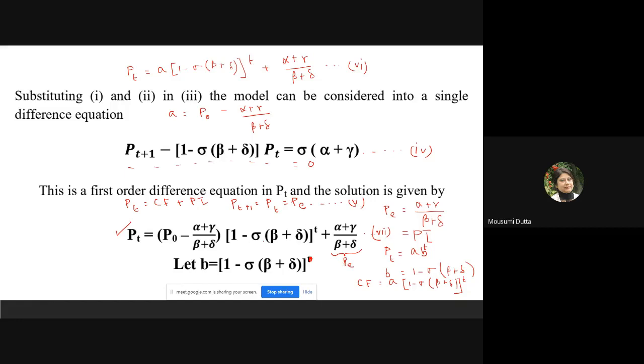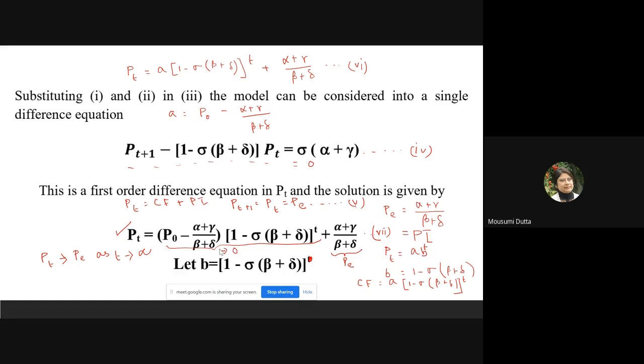The path will be dynamically stable if PT tends to PE as T tends to infinity. For that, you need this entire term to move towards 0 as T tends to infinity.